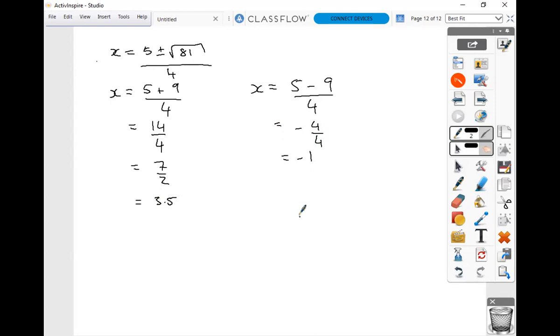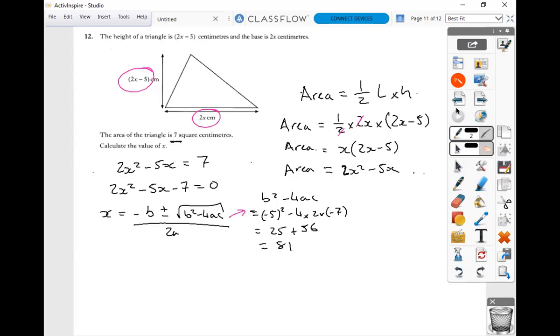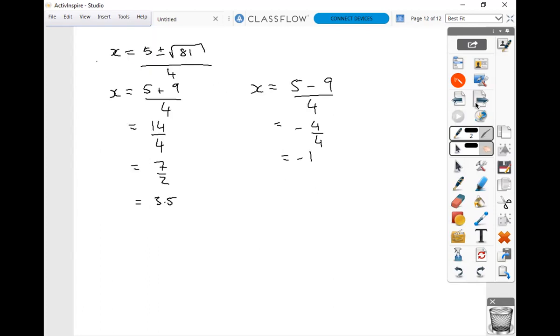Okay. It's asking, what is it asking? Calculate the value of x. Okay, in this case, x can't be a negative. Okay, so x has to equal 3.5 centimeters.